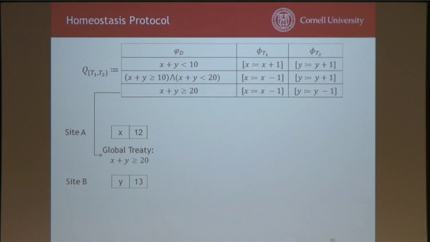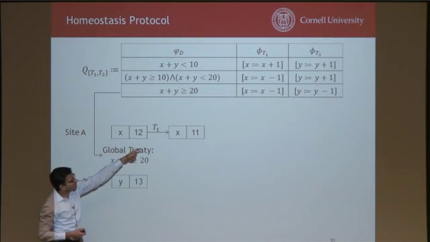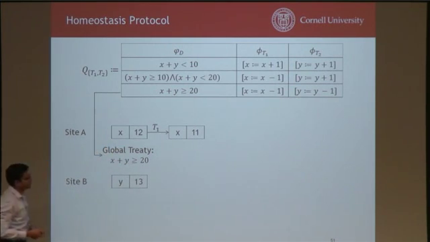Let us assume that there's an efficient way of actually maintaining this global treaty without requiring communication, and I'll come back to that in the next step. So now when I execute a transaction, I look up what effect that transaction T1 has in this particular equivalence class. In this case, it just decrements the value of x.